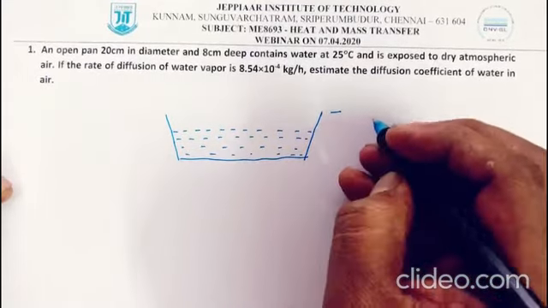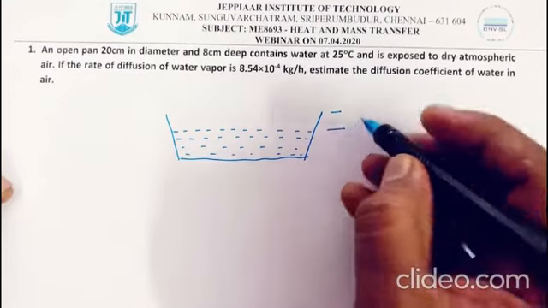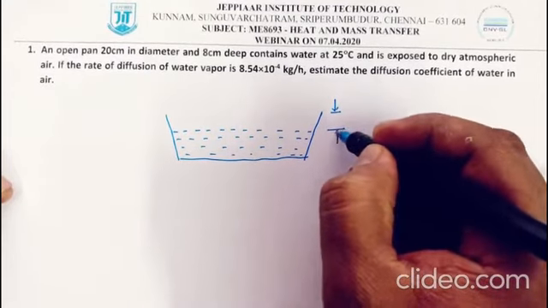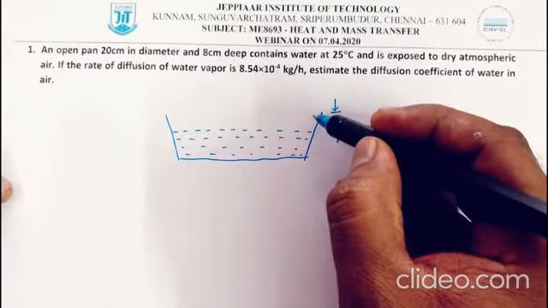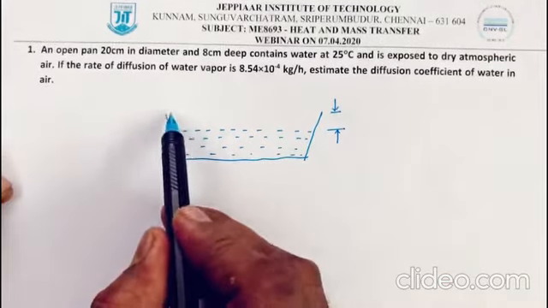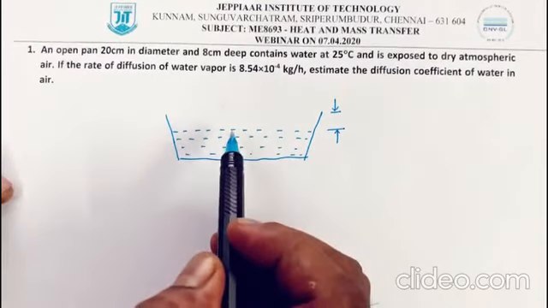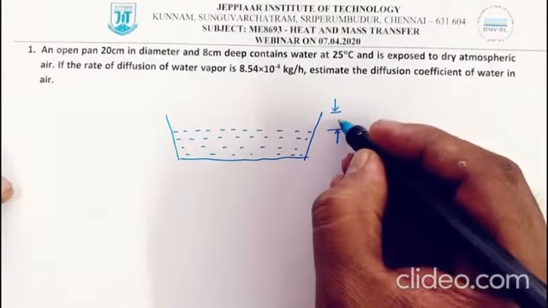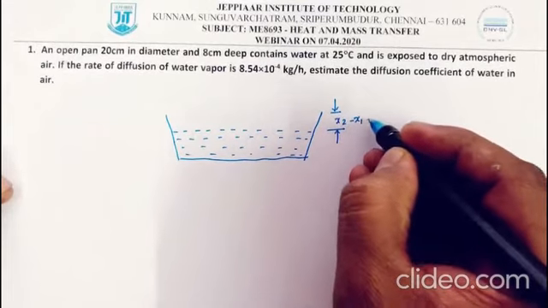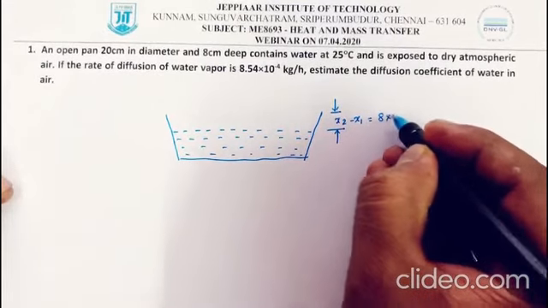So we have this gap above the water, the space above the water, which is x2 minus x1, given as 8 centimeters.